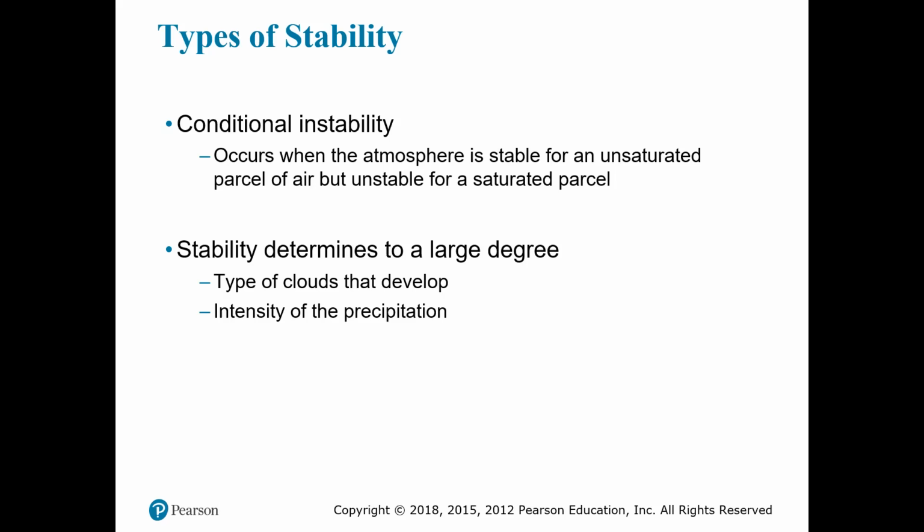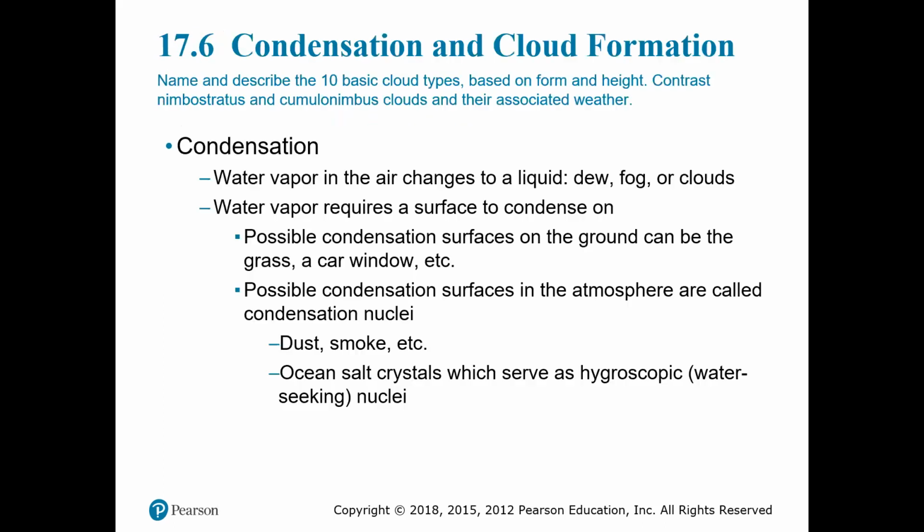So it's the stability of those columns of air, those parcels of air, that really determines what type of clouds we're going to have and therefore determines our daily weather.